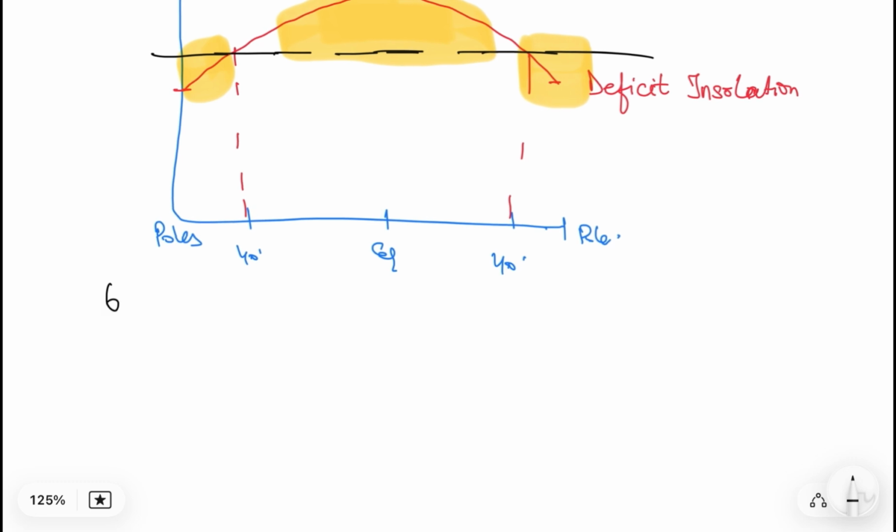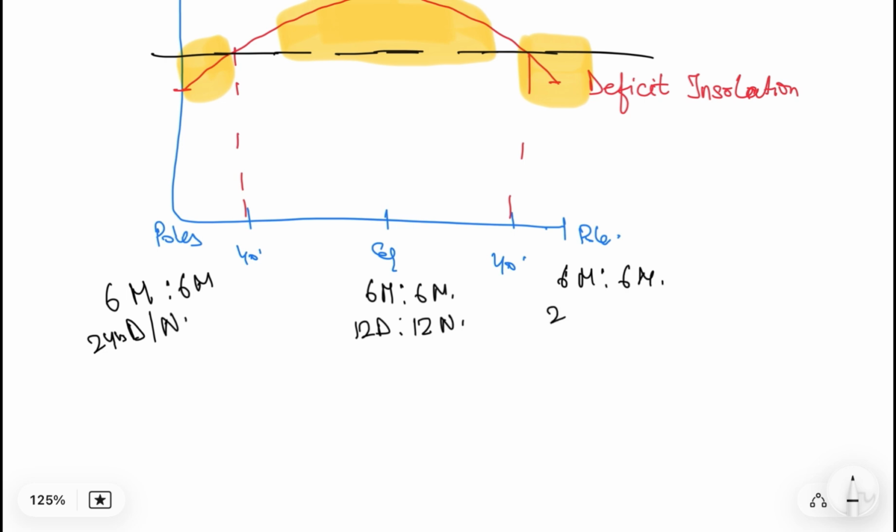At the poles we have the 6 months day and night concept, 6 months of 24 hours day and night, and at the equator we have 12 hours of day and 12 hours of night. And again at the poles we have 6 months, having 24 hours day and 24 hours night annually.